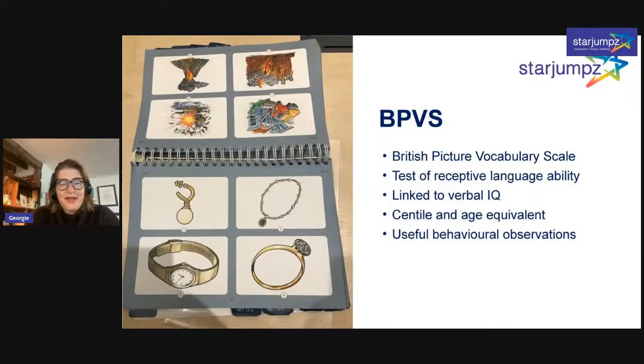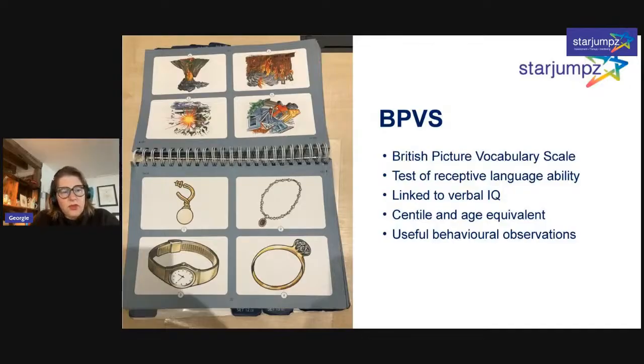So then the BPVS is a really helpful screening tool that we use. It's actually a screening of understanding of single words, and it's validated and standardized, so we can get a standardized score and we can get an age equivalent. And we do that because it immediately gives us a better idea of a child's level of understanding of language.